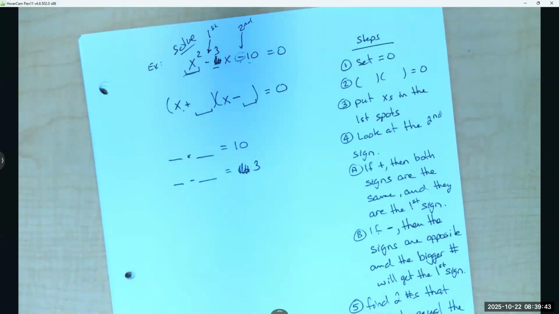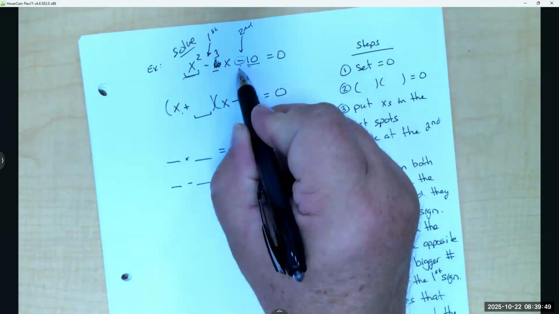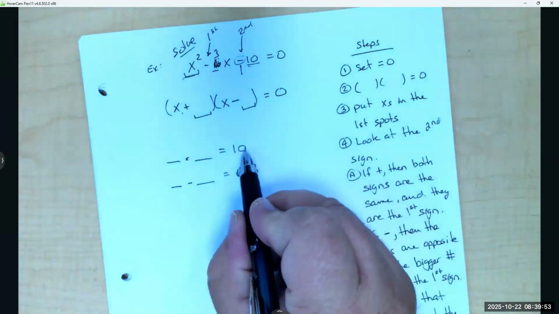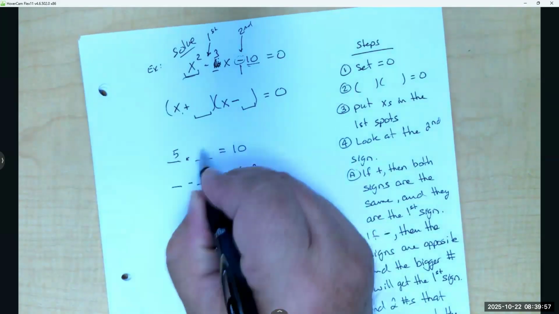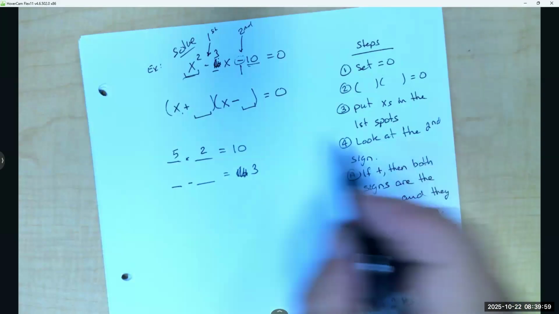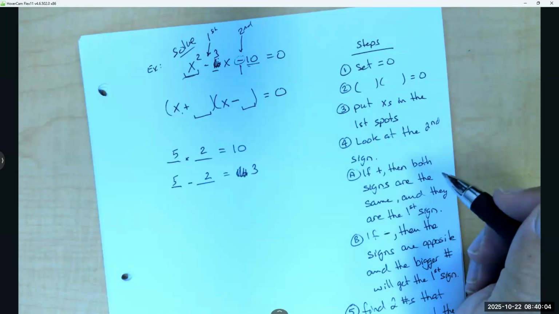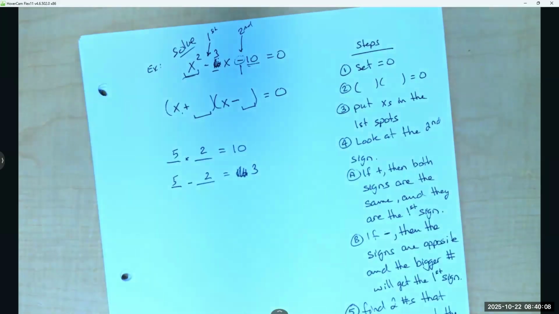Because the first one had to crawl before we could run. So find two numbers that equal to the third term that when we subtract them, we get the middle term. So what two numbers equal 10 when we multiply them? So 5 times 2. When we subtract them, do they equal 3? Yes. So 5 and 2 are our numbers.